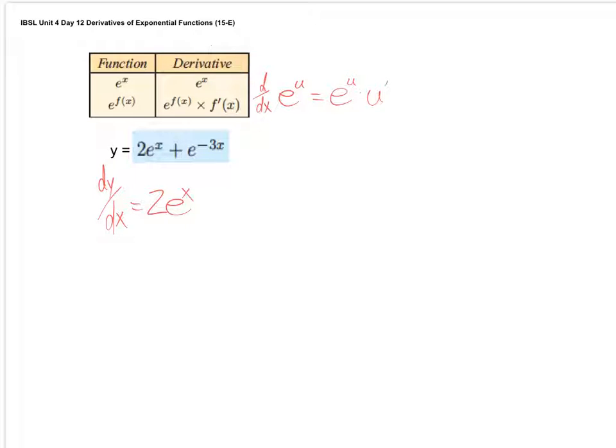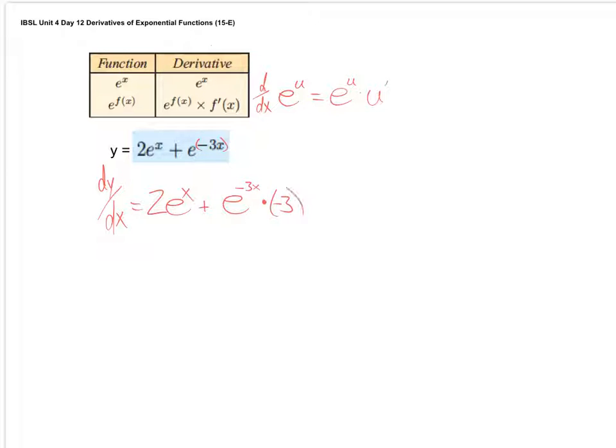Now, the second part, you'll notice we have a function in the exponent, this function of negative 3x. So it's e to the negative 3x times negative 3.